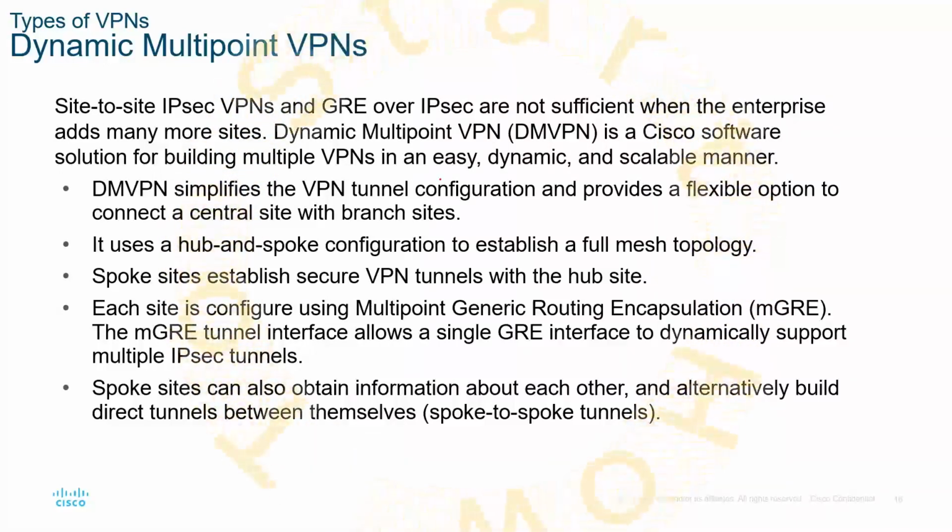Again, the mGRE does still handle IPsec, but it will handle multiple IPsec tunnels. The spoke sites can also obtain information about each other, alternatively building direct tunnels between themselves, so we can have a spoke-to-spoke tunnel, not always a hub-and-spoke tunnel. Realistically, at that point, we're building a mesh-type network.